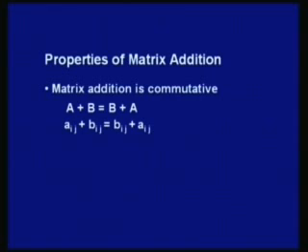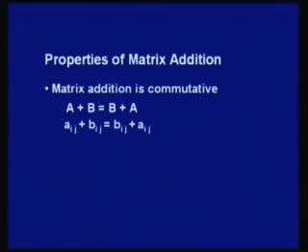And this can be proved easily because A plus B will have a typical element Aij plus Bij, while B plus A will have Bij plus Aij as its ijth element. And since Aij and Bij are numbers, Aij plus Bij is the same as Bij plus Aij. So the matrix addition is commutative.